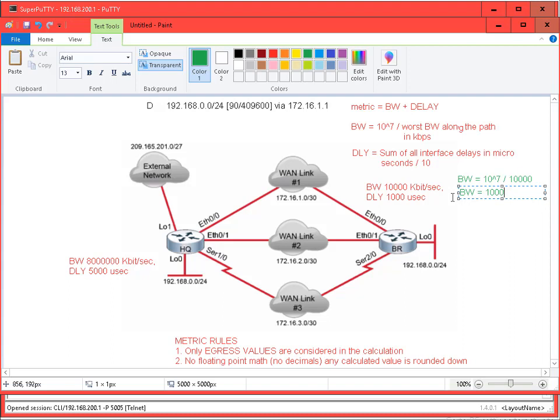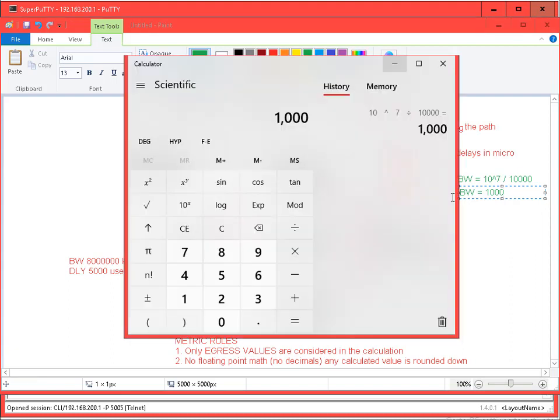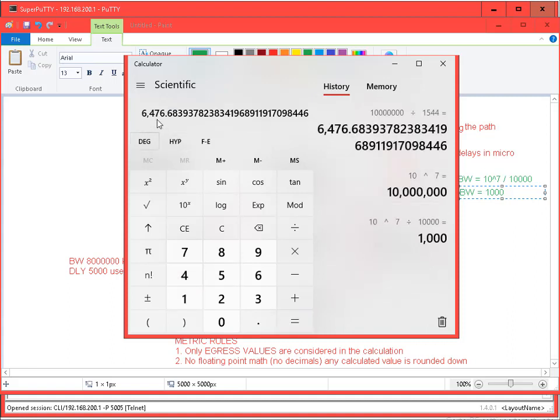Now, what happens if it's not a perfect number? For example, what if it's a T1, which is 1,544 kilobits per second? Well, I take 10 to the power of 7 and divide that by 1544, and I get 6476 point something.